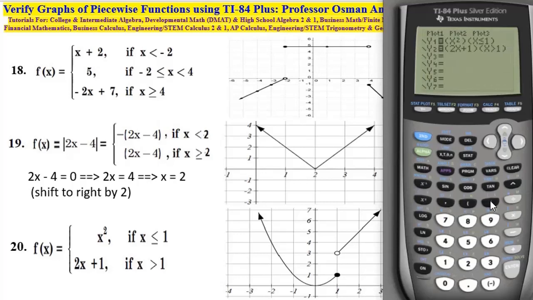So it is x squared when x is less than or equal to 1, and 2x plus 1 when x is greater than 1.